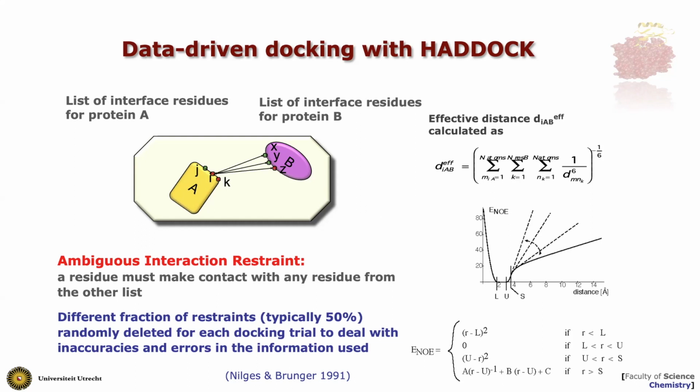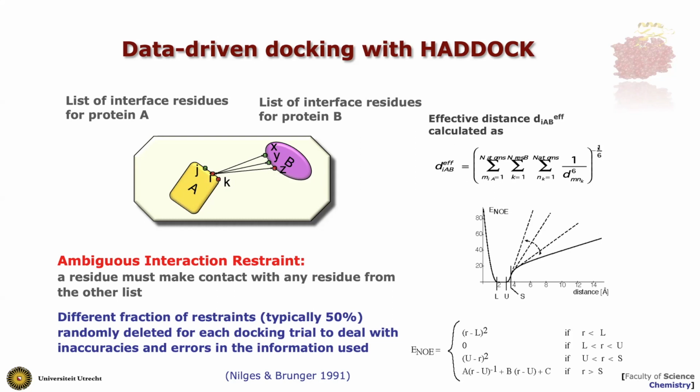So now what about the distance that enters here? Because U and L are basically experimental bounds that define what your distance should be, but you need to input a distance R in this function. The distance that we input is this effective distance, which is calculated as the sum of all possible pairwise distances between a residue defined as part of the interface in your first molecule and all residues defined as part of the interface in the second molecule.